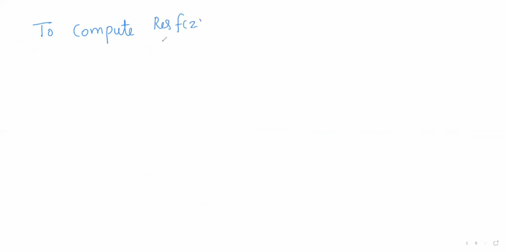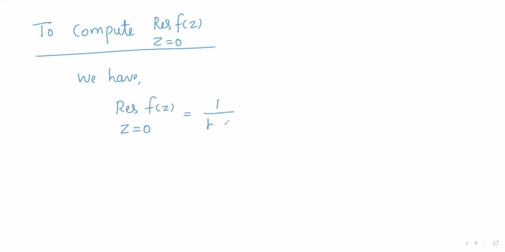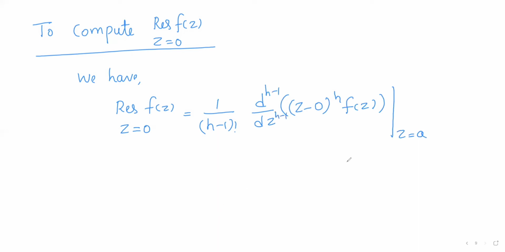Residue of f(z) at z = 0. First of all, what is the formula? Residue of f(z) at z = a is 1/(h-1)! times the derivative of (z-a)^h f(z) at z = a, where it is differentiated h-1 times.